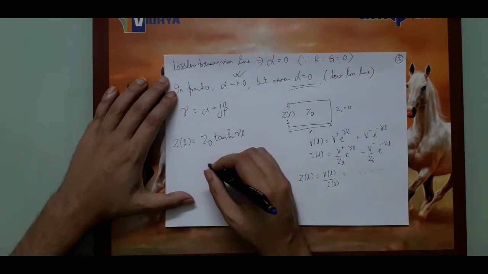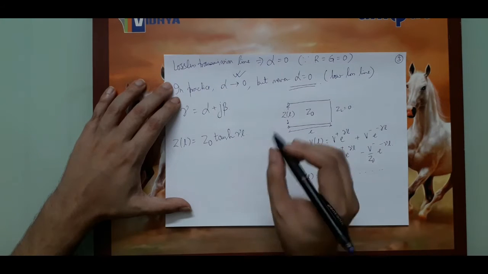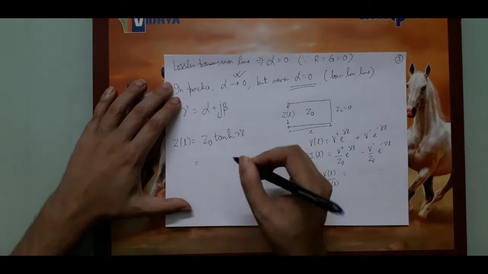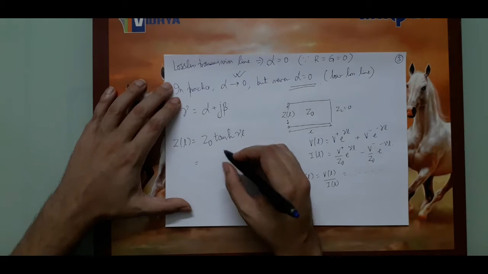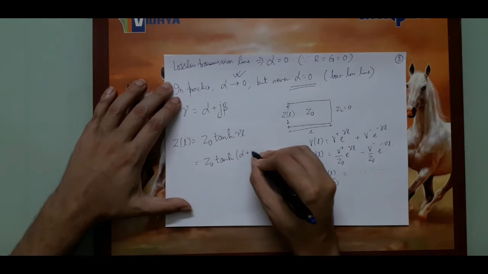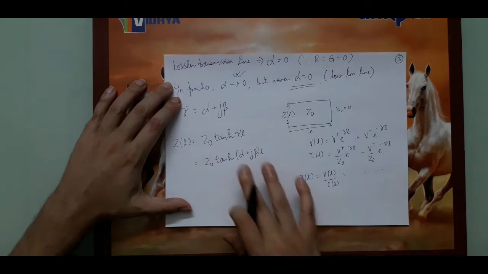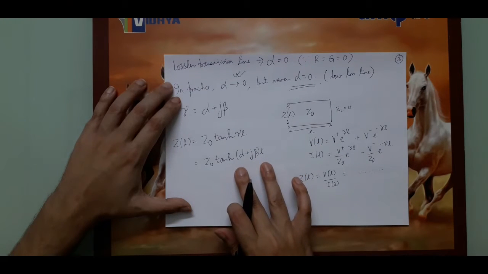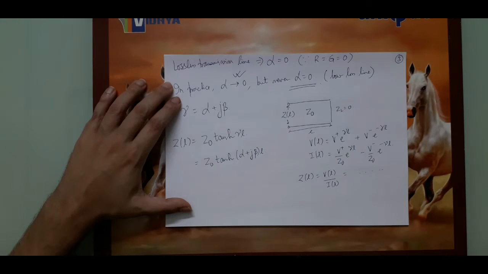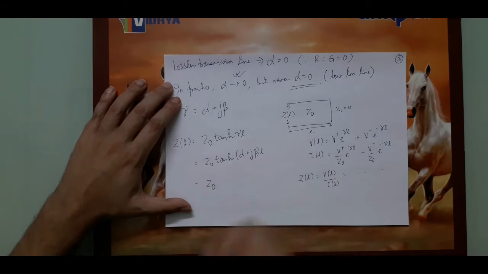Now if I substitute gamma as alpha plus j beta, that becomes tanh of alpha plus j beta L. If I now expand this using the tanh A plus B formula, I will get something of this kind.